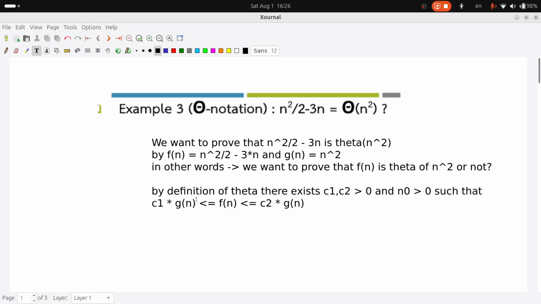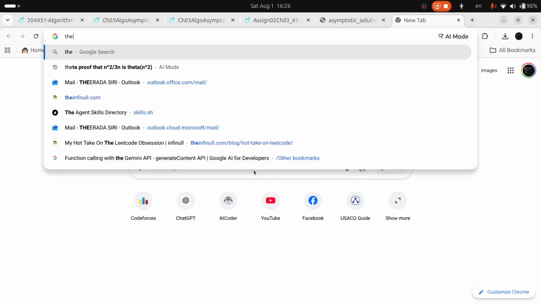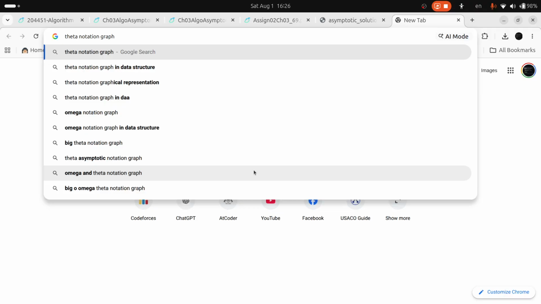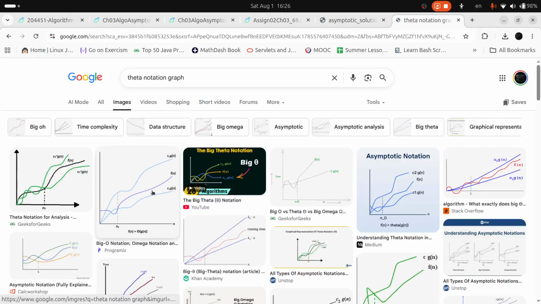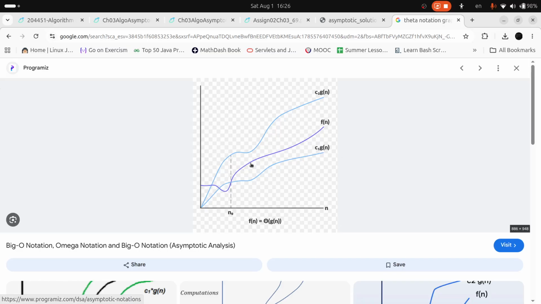If you want to remember the definition, you can remember it by a graph: in theta notation, g(n) is both a lower bound of f(n) and an upper bound of f(n). If we draw it on a graph, you can see that f(n) is between the two multiples of g(n) with some constants c1 and c2.